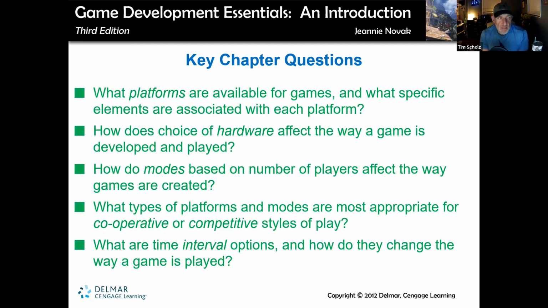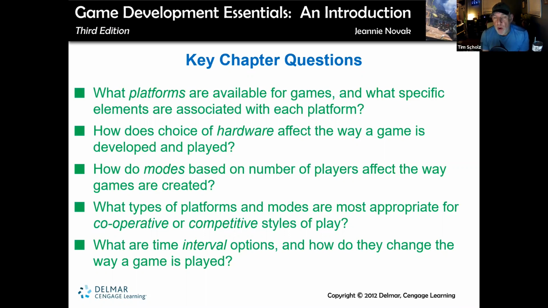If you're creating something for specific hardware, you used to have to have specific development tools. Not as much anymore, but with tools like Unity and some of the other bigger game development engines, it's easier not to have to worry about the hardware on the development side, but you still have to consider how it's going to be played.